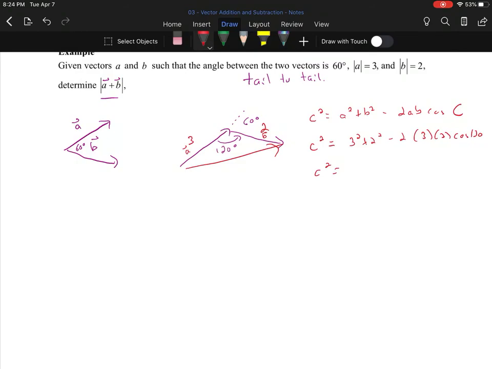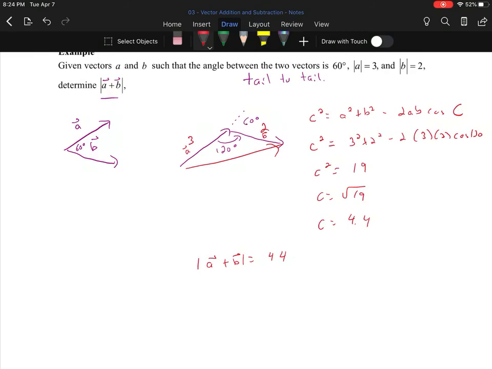So I'll type that all in. 3 squared plus 2 squared minus 2 times 3 times 2 times cos 120. And I get 19. And I got to square root that. I get 4.4.